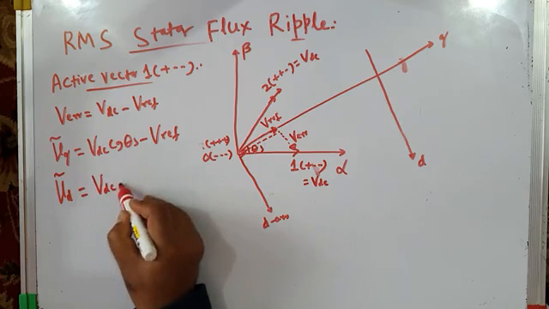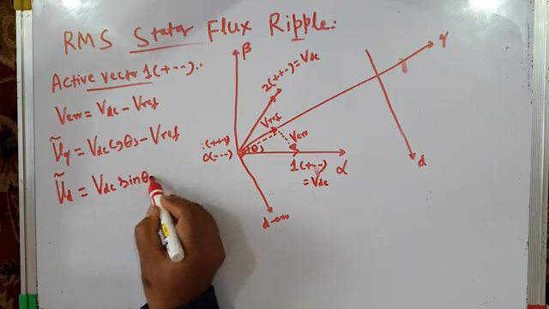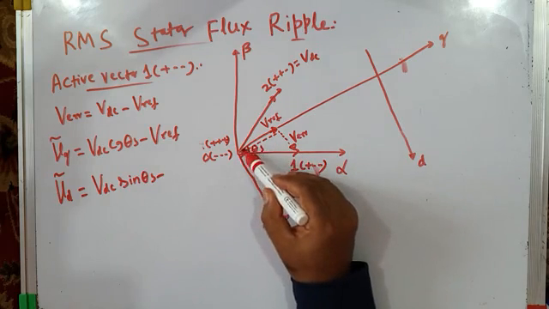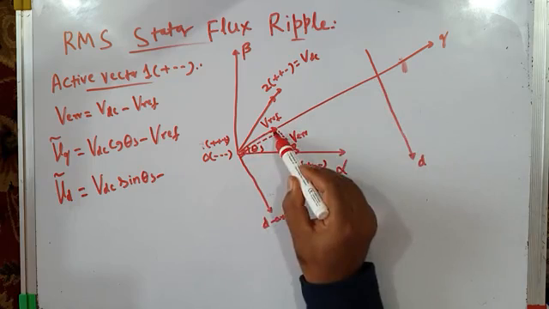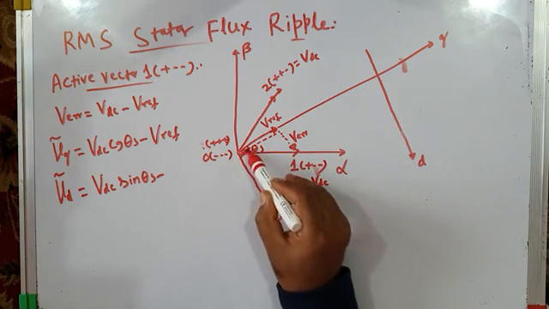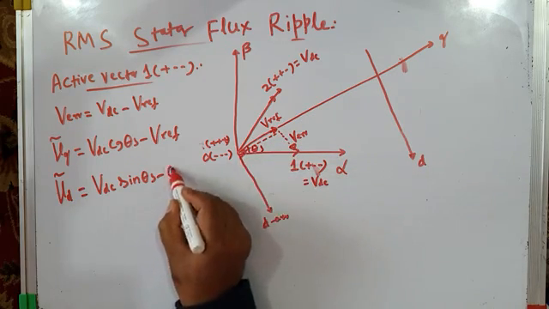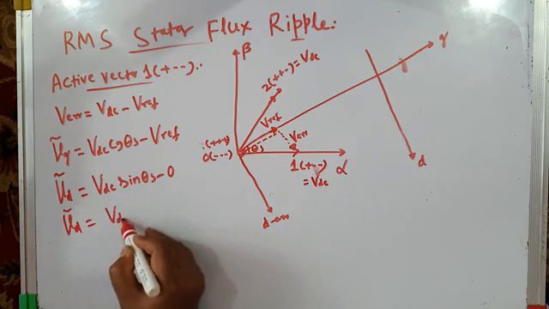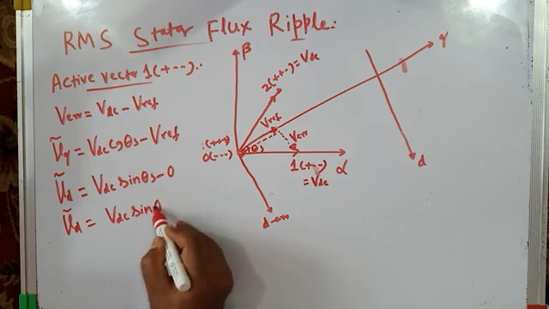So it is VDC sine theta s minus the desired voltage vector. Desired voltage vector is along Q axis. Its component along D axis is 0 because these two axes are 90 degrees apart. So it is minus 0. So that means Vd tilde is equal to VDC sine theta s.